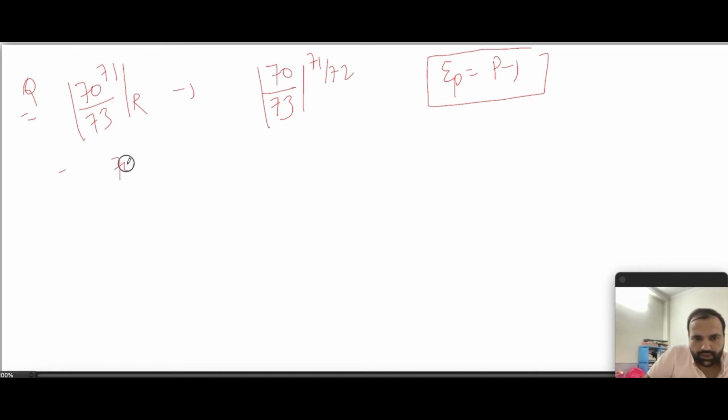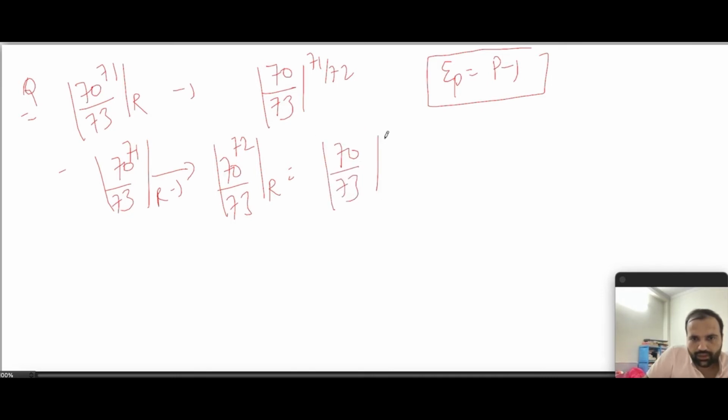So it's 70 to the power 70, 71, or can be written as 70, 72 by... okay, we are trying to find, we are going in this direction. So now we are trying to find this one. So what happens, this is 70 by 73, 72 by 72.